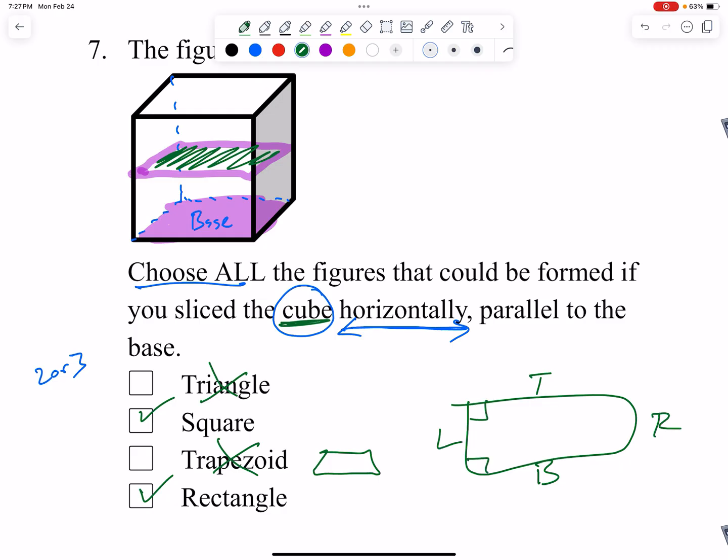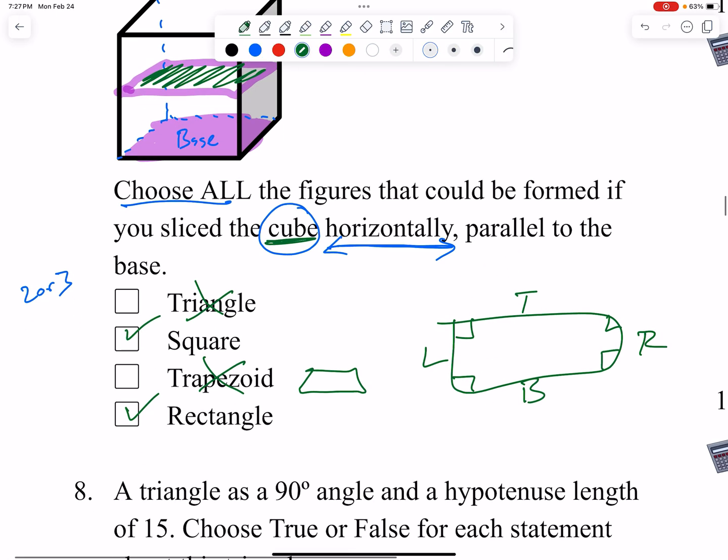And all the angles or the corners or vertices are 90 degrees. Well, a square is the same thing as a rectangle. If I use the same definition, the top will be the same as the bottom. Isn't that true on a square? The left will be the same as the right. Isn't that true? Aren't all the corners 90 degrees? So they share the same kind of characteristics, okay?